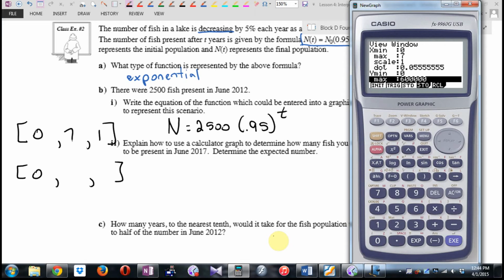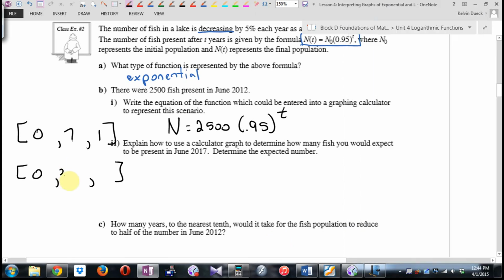It might get chopped off a bit. What's a nice round number slightly bigger than 2,500? 3,000, sure. What would be a good scale to go up by from 0 to 3,000 so that you could read stuff? 500? Sure. So 0, 3,000, 500. I've got my view window.